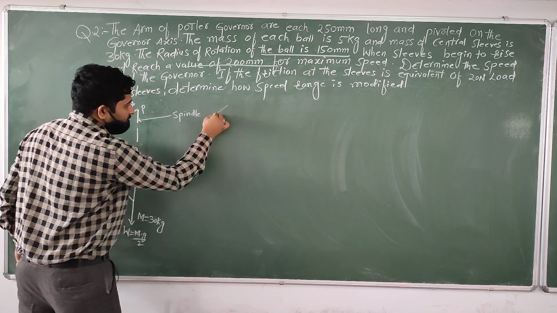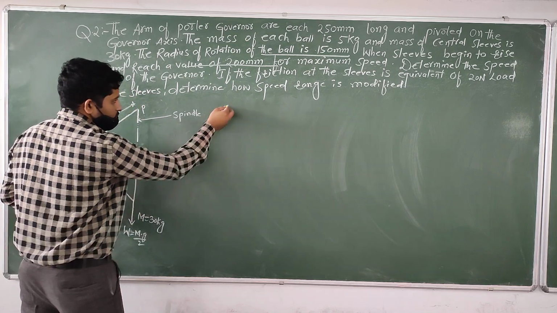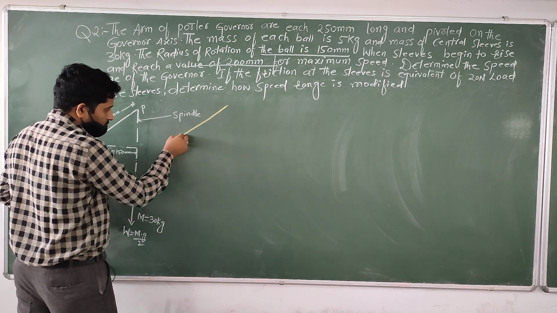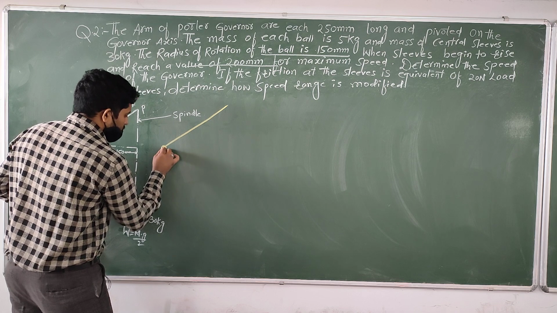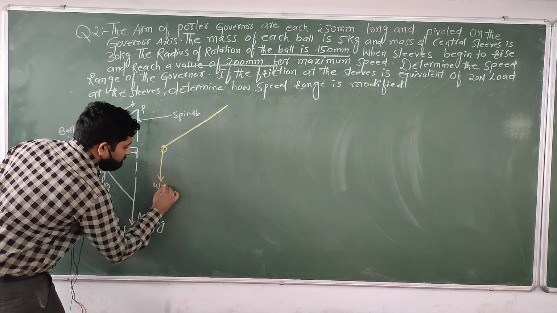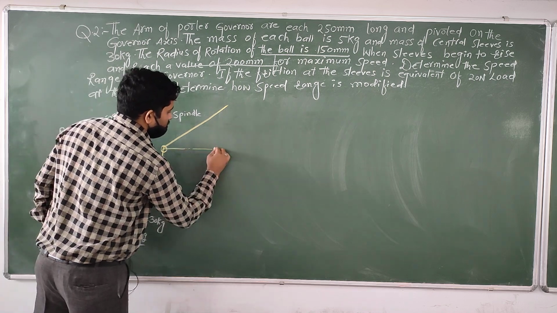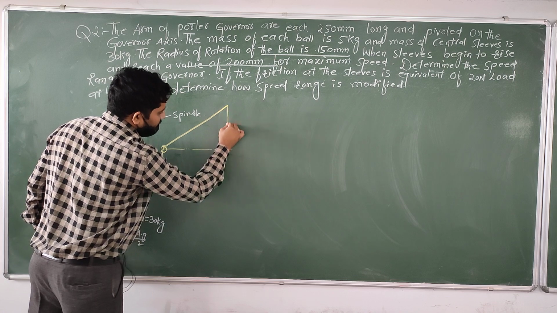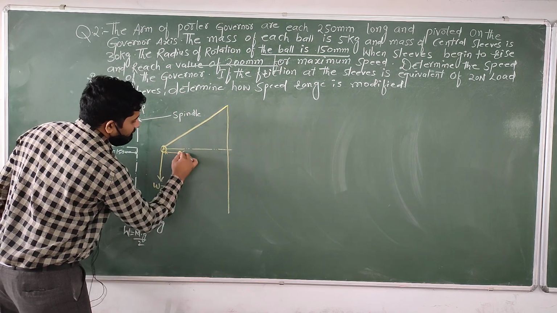I will draw the same figure. The weight of a ball W equals m into g, and the radius of rotation is R2. This is the radius of rotation R2.